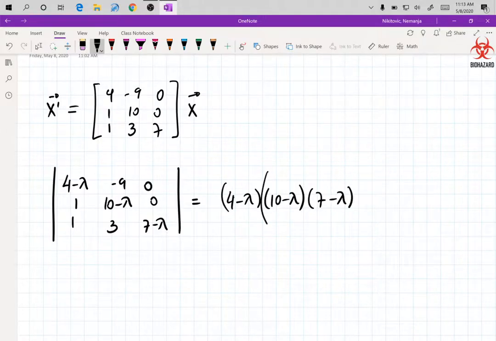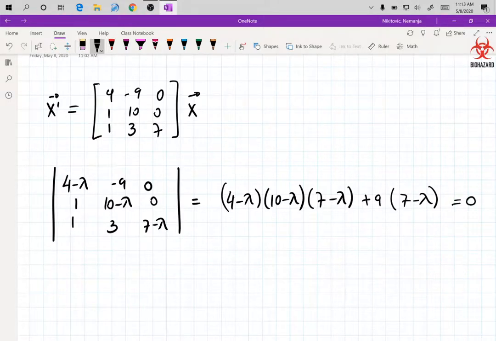And then minus 0, so we don't need this. And then plus 9 times 7 minus lambda minus 0, we don't need that. And then the last one is 0. Okay, so all of this needs to equal 0.